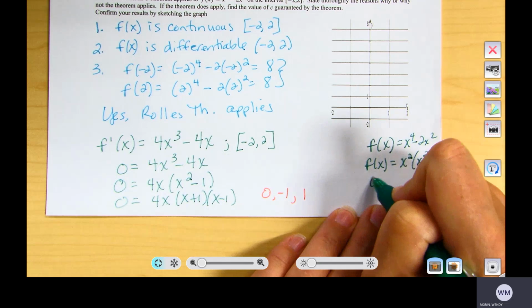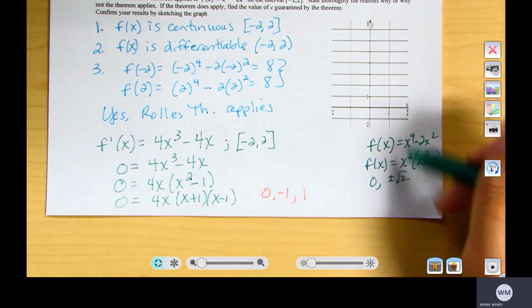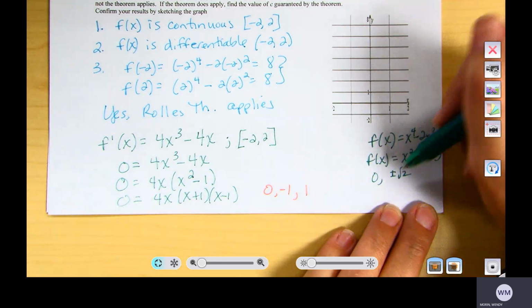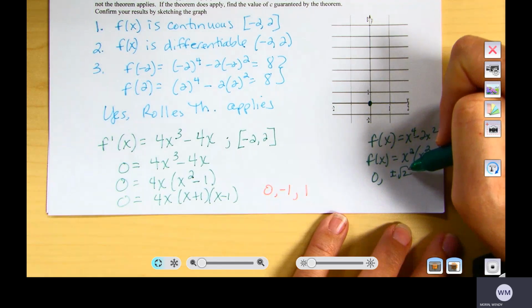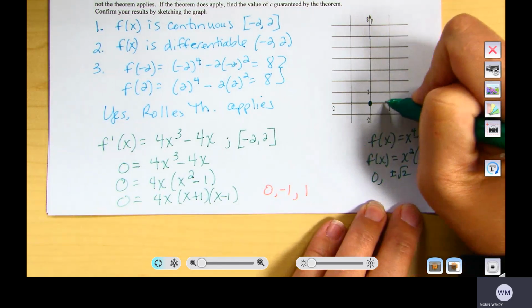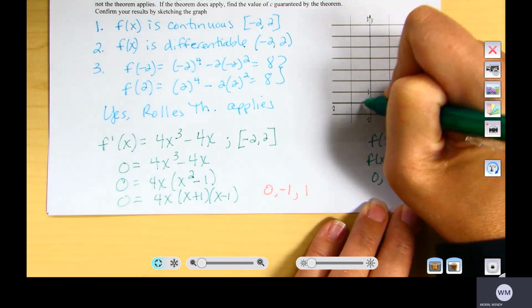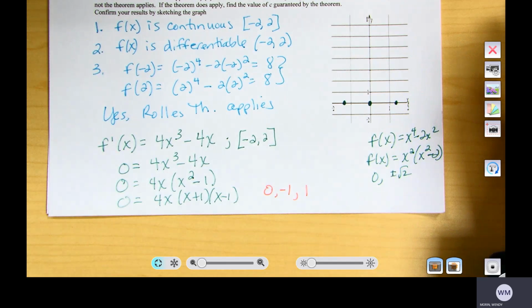So that's going to give us 0 and plus and minus the square root of 2. Those are our x-intercepts. That's where your y value is equal to 0. The square root of 2 is greater than the square root of 1. I'm just estimating. So those are our zeros.